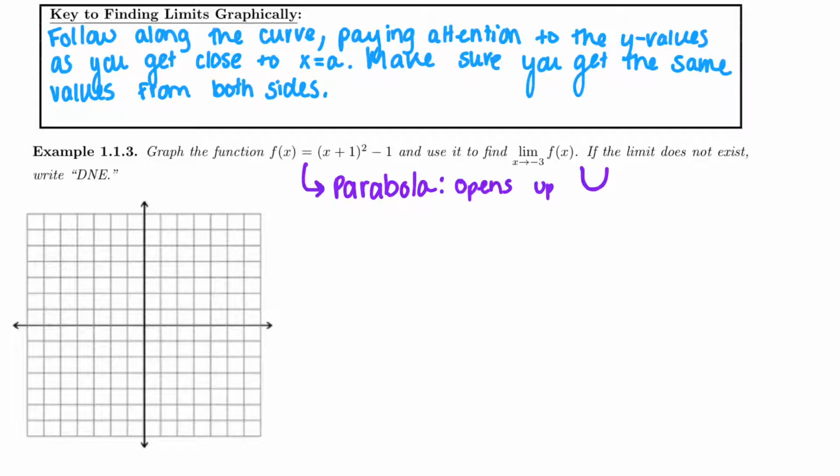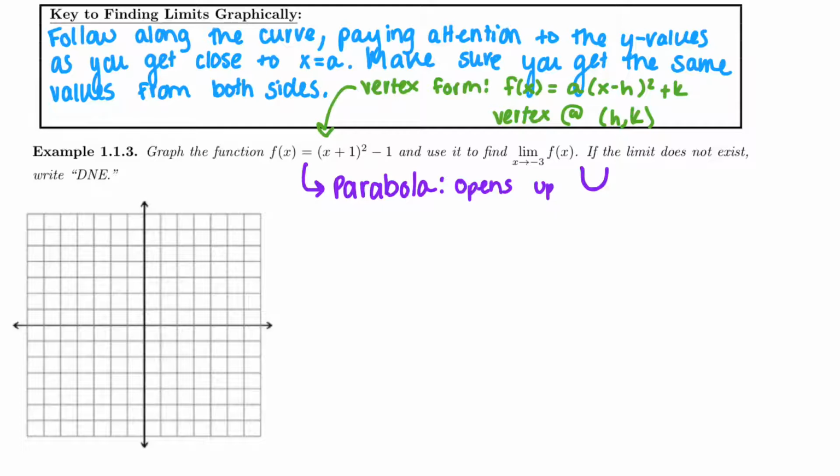Right? This is in vertex form. Vertex form of a parabola is f of x equals a times x minus h quantity squared plus k, and the vertex is at h comma k.